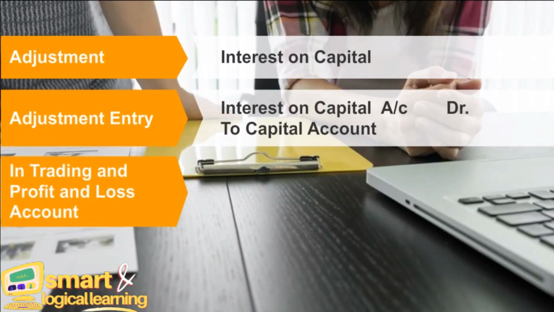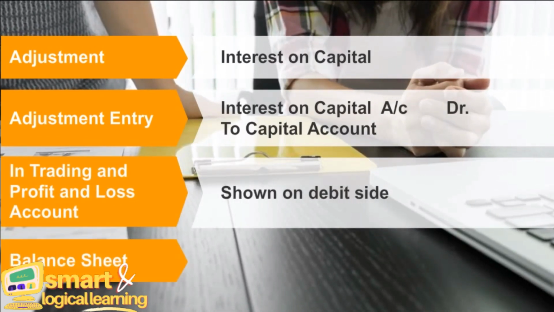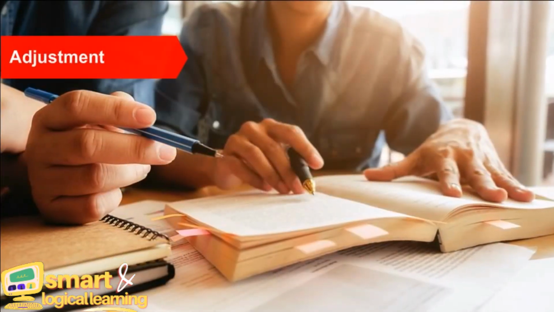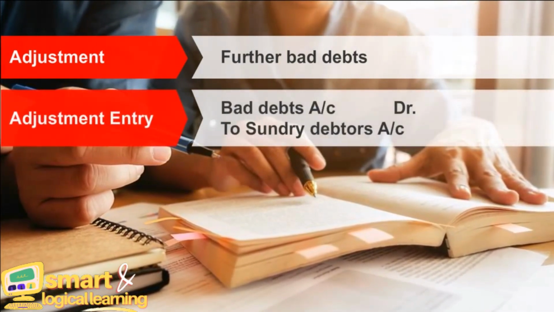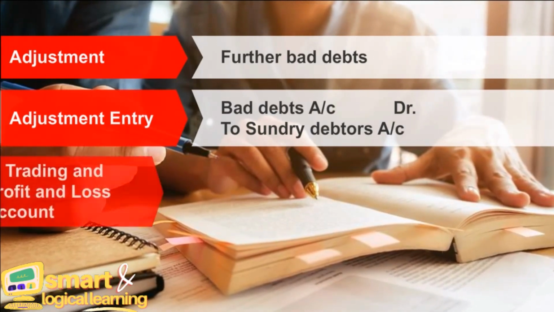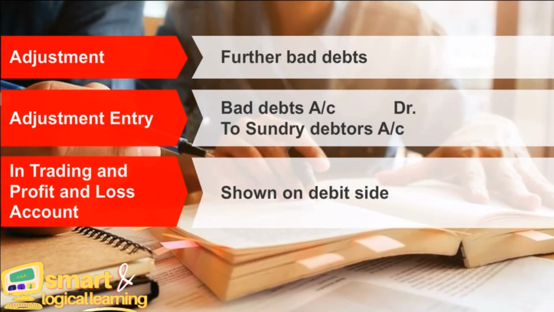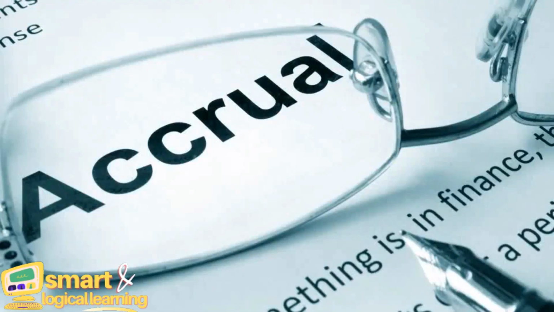In the trading and profit and loss account, it is shown on the debit side. In the balance sheet, it is shown as an addition to the capital. Adjustment: further bad debts. Adjustment entry: bad debts account debited to sundry debtors account. In the trading and profit and loss account, it is shown on the debit side. In the balance sheet, it is deducted from the debtors.